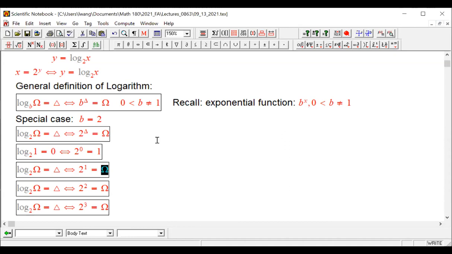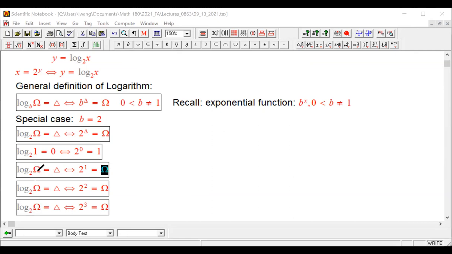Bruce, you have any comment? Do you want me to do it for you right now? Yes, please. I want you to complete the one that you're on right now. So omega is equal to 2. 2 to the power of 1 equals something, and that something is going to be in the place of omega.